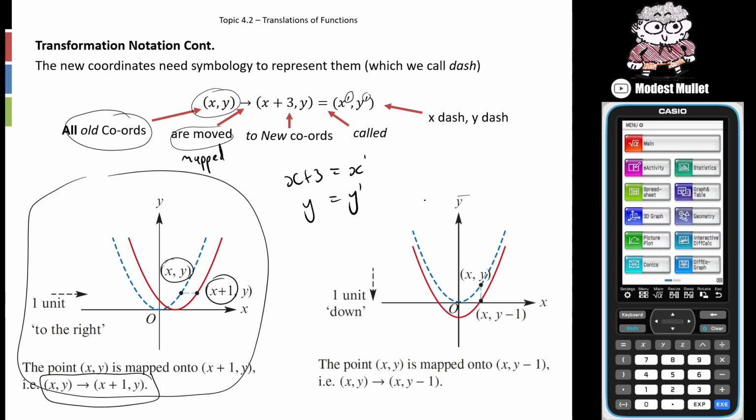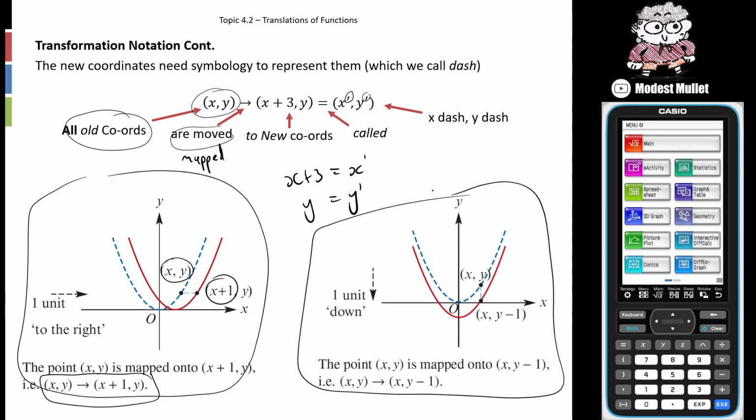Same here on the right-hand graph, we can see the dashed blue line in this case has been translated down by 1 unit. So reading this line here, x, y has been mapped to x, y minus 1. And in both those cases, we could call those new coordinates x dash, y dash.